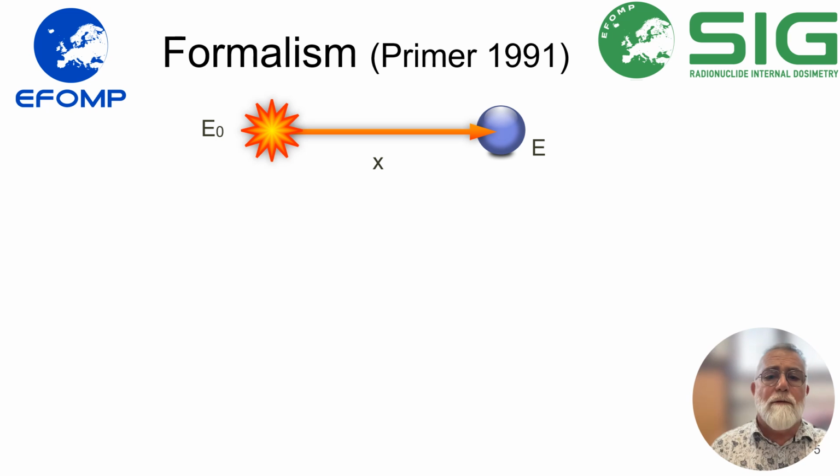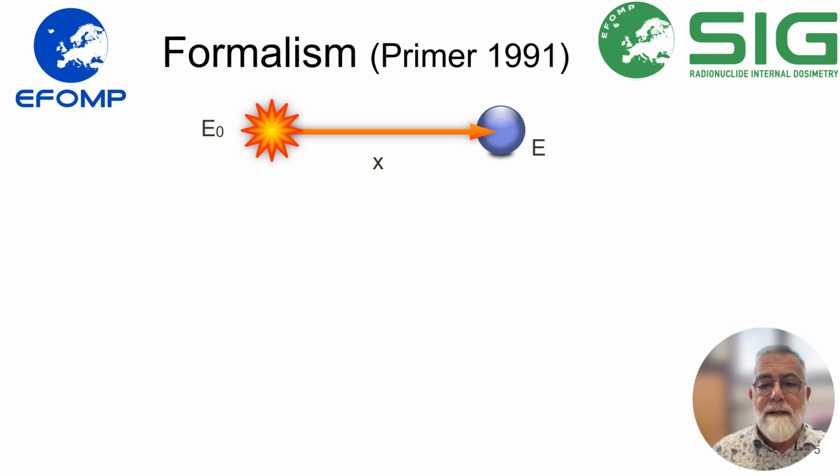So let's go for the formalism, and I'm going to use the formalism as displayed in the primer 1991. So assume you've got a point source of radiation that emits isotropically in all the space around, and the initial emission energy is E0.